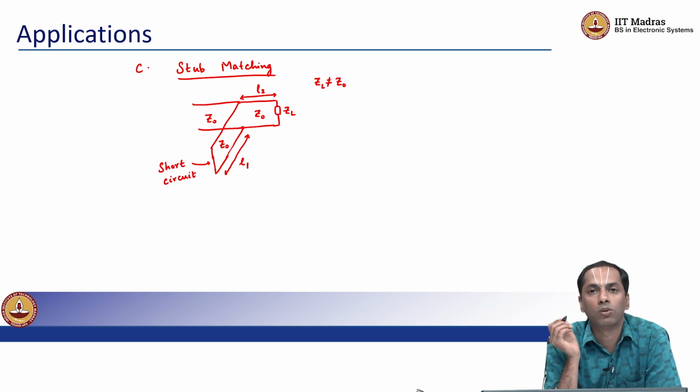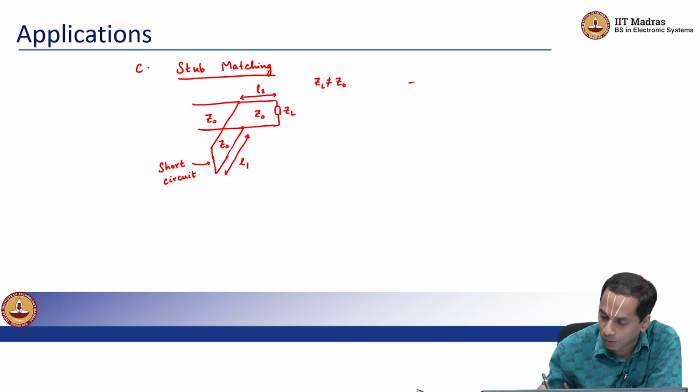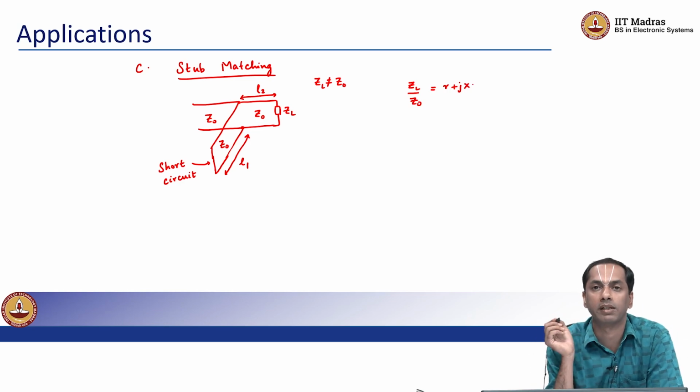We'll not go into the details of how to calculate L1 and L2, but I'll just say that there is a concept that you should readily be able to say that this idea works. I'm going to look at ZL by Z0, and I'm going to call that R plus jX. I'm just normalizing it with the characteristic impedance.